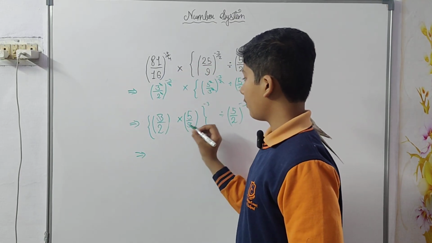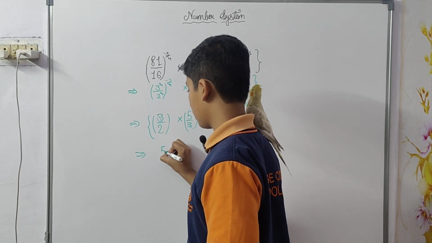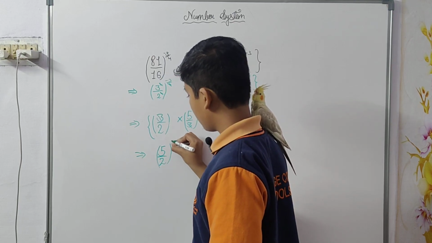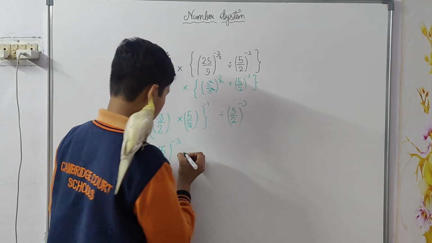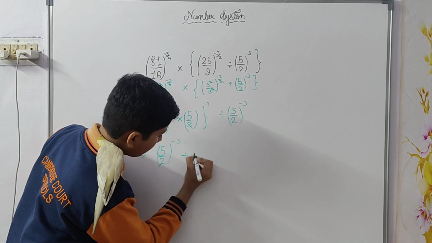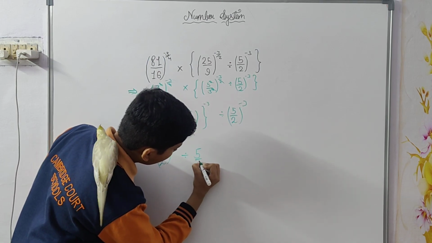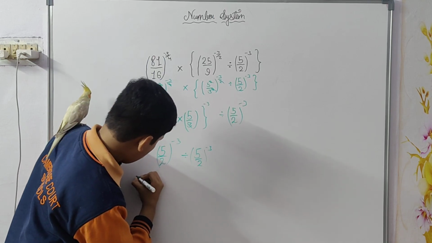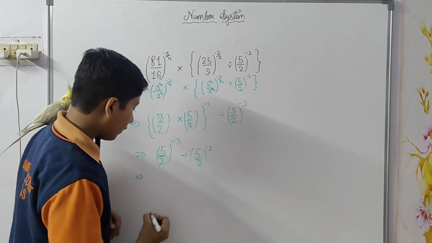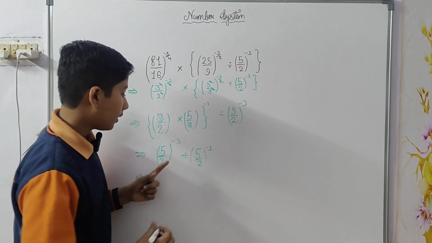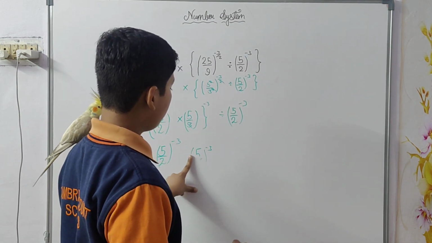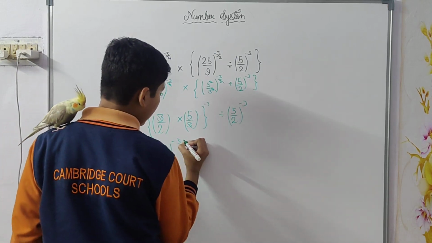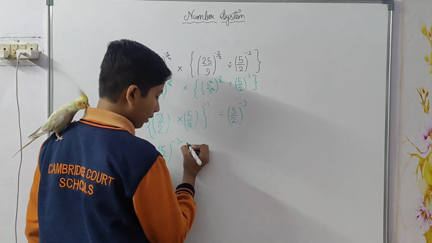Now, if you see 5 by 2 to the power minus 3 divided by 5 by 2 to the power minus 3, since the bases are the same, powers will be subtracted because the sign is divide.